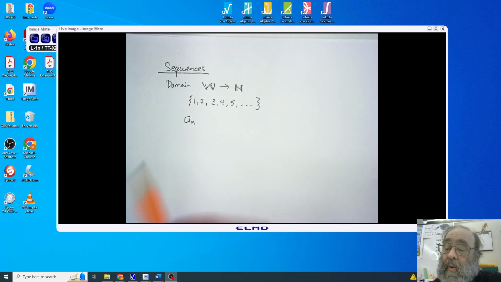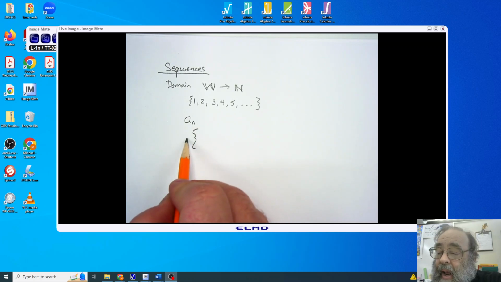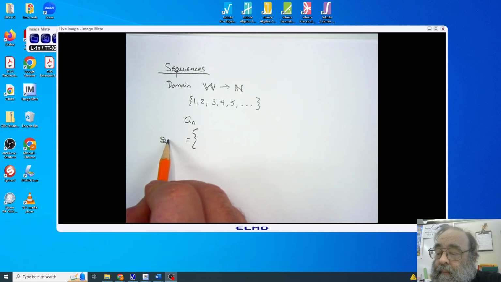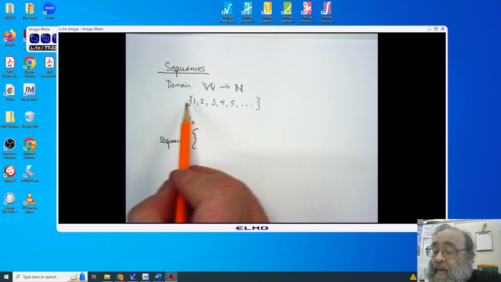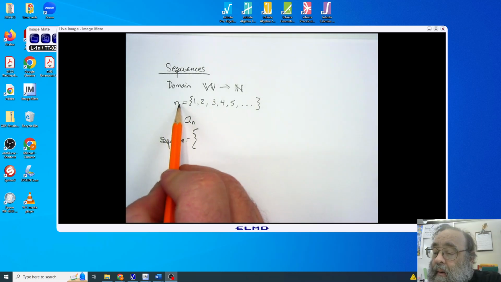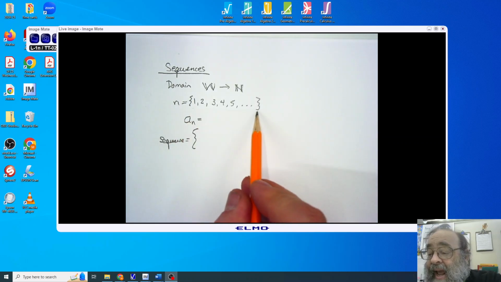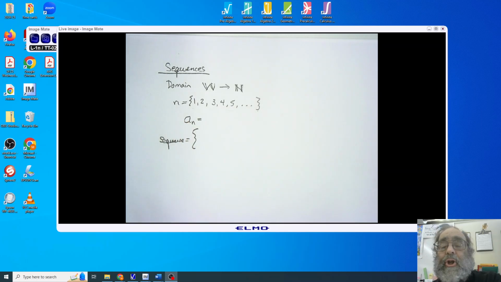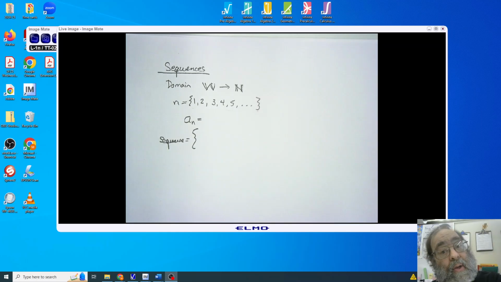So when we're talking about the a's, we're now talking about the actual values in a sequence. The n are the values here. A sub n is what happens when we plug in that n into a given function, and that will then give us our sequence of values.